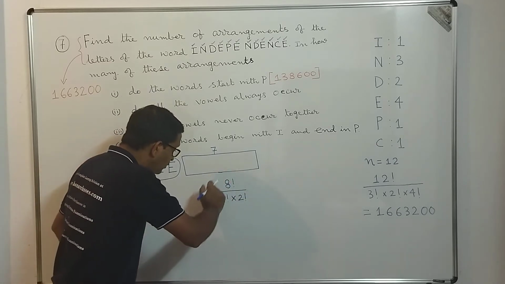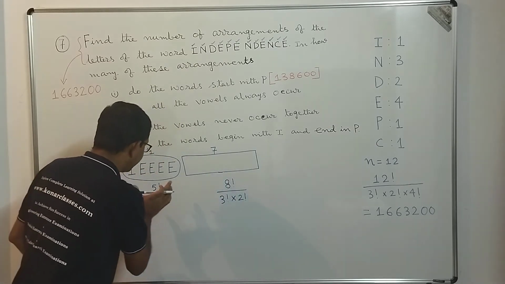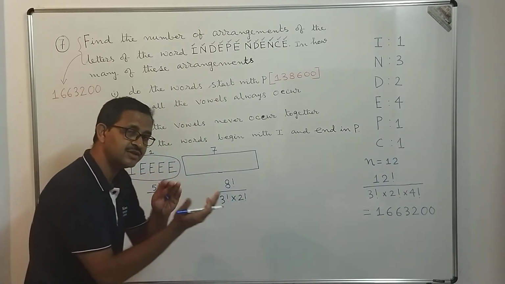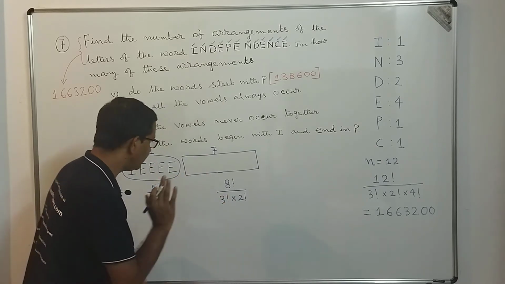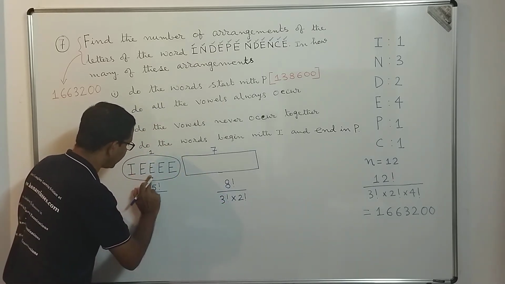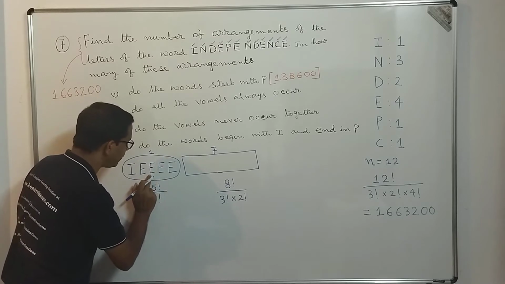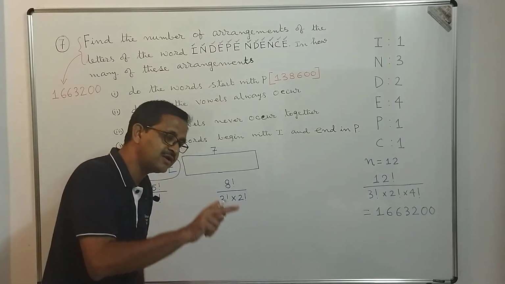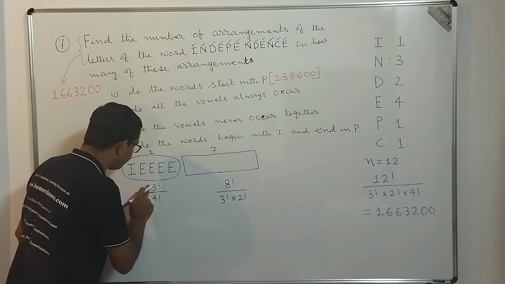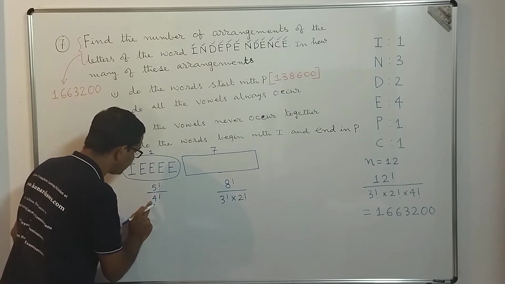Now out of all these arrangements, we can arrange the vowels among themselves, right? And in how many ways can we do that? There are a total of 5 objects. Out of these 5 objects, there are 4 objects of one type, that is E. So the total number of arrangements should be 5 factorial by 4 factorial.